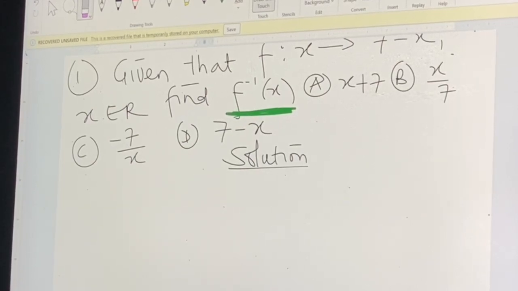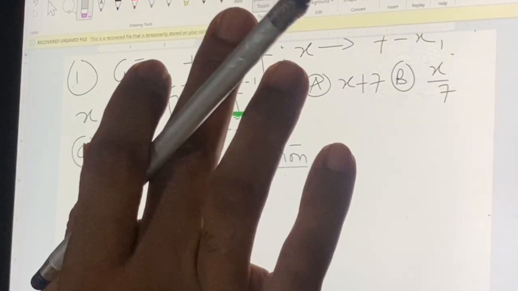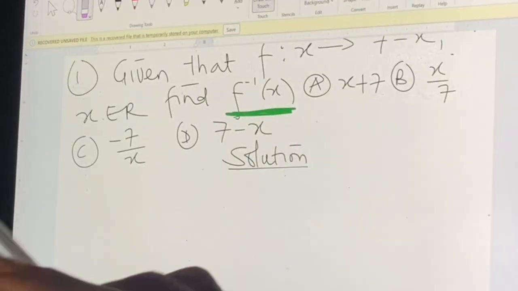They said, to evaluate the inverse of a function, we make s, that is letter s, the subject, then replace s as the inverse and y as s. It's a kind of confusing. Just calm down, we are going to take it step by step.